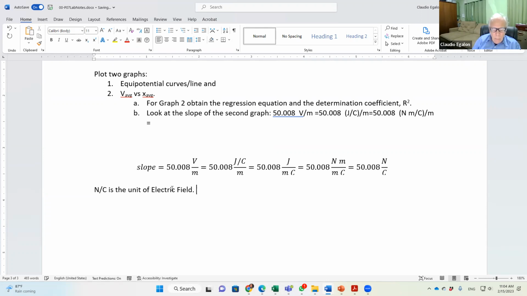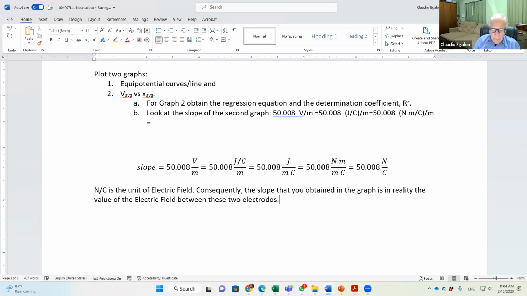So the slope that you obtained in the graph is in reality the value of the electric field between these two electrodes.